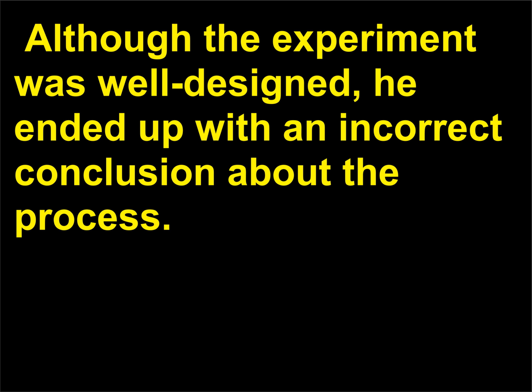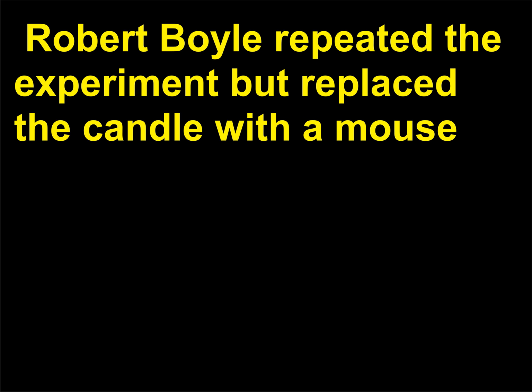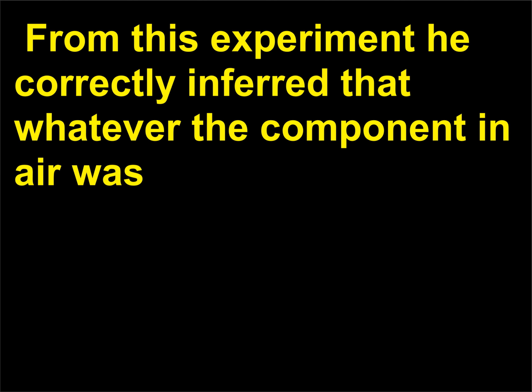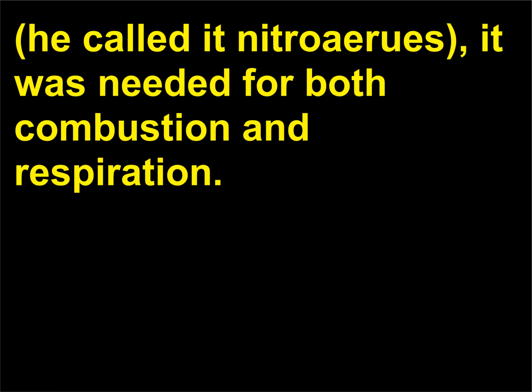Although the experiment was well designed, he ended up with an incorrect conclusion about the process. Robert Boyle repeated the experiment but replaced the candle with a mouse. Seriously, and noticed the water also rose up the container. From this experiment he correctly inferred that whatever the component in air was, he called it nitroaerus, it was needed for both combustion and respiration.